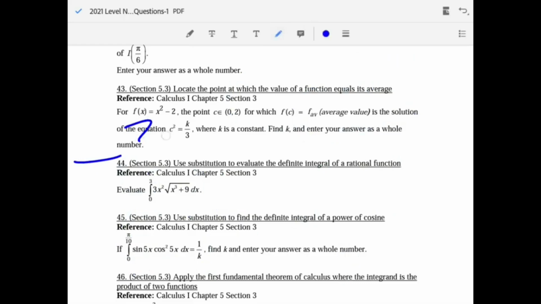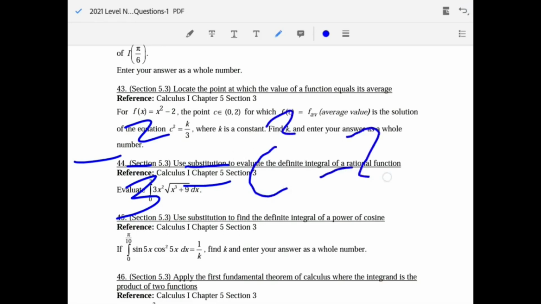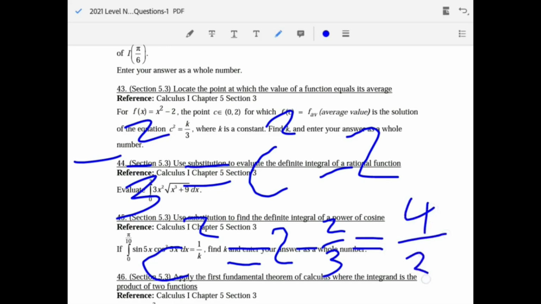So minus 2 over 3 is equal to f of c. Actually, let's make things simple. You substitute in c, so it ends up being c squared minus 2. Then move 2 to the other side, so c squared becomes 2 minus 2 over 3, which is 6 over 3 minus 2 over 3, so we end up getting 4 over 3.